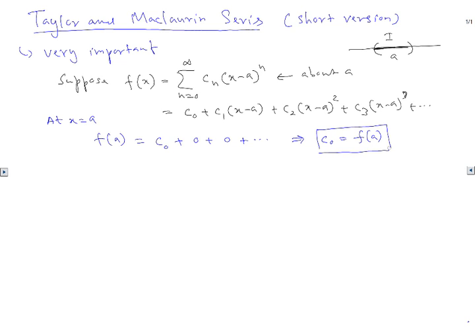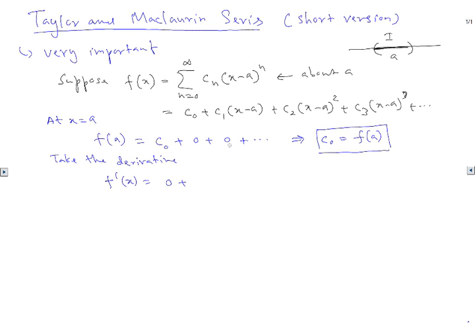Now what we're going to do is take the derivative and plug in a again. So if you take the derivative of the original series, f prime of x equals, c0 is a constant, so you get 0.